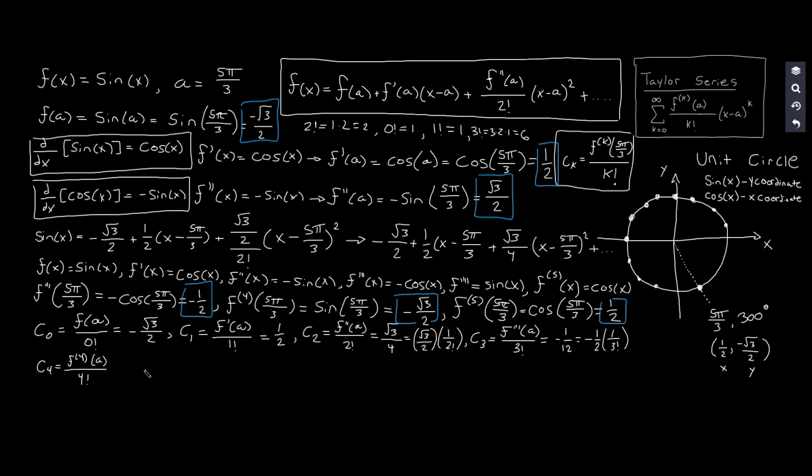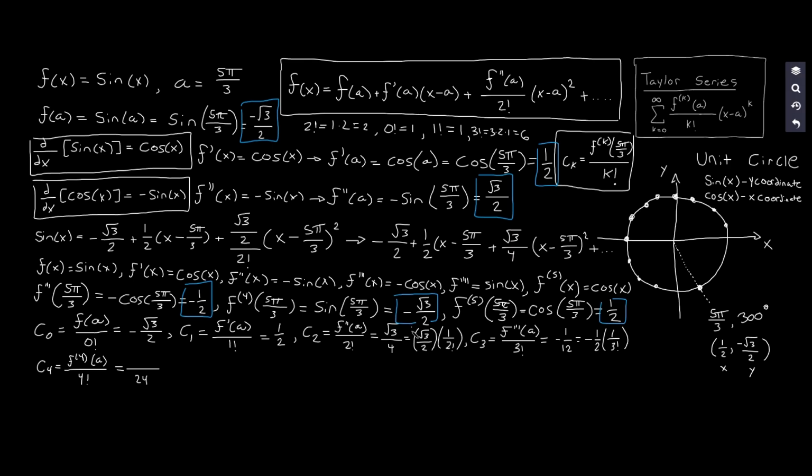4 factorial is going to be 24, because 6 times 4 is 24. The fourth derivative is going to be negative root 3 over 2.